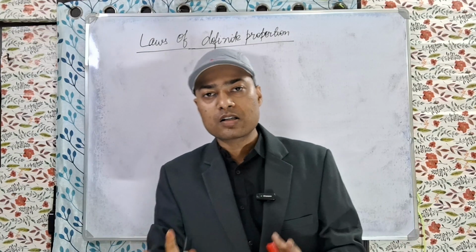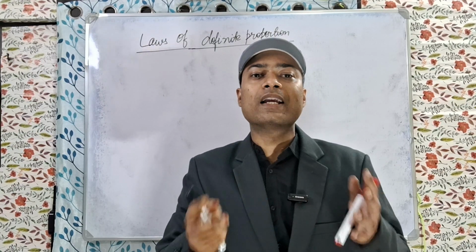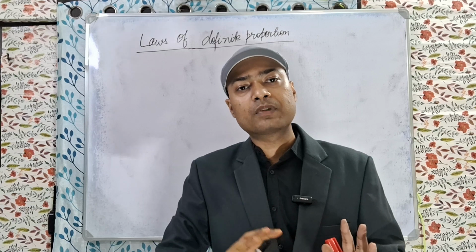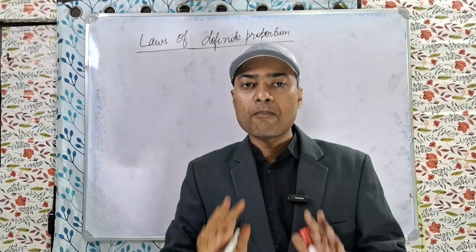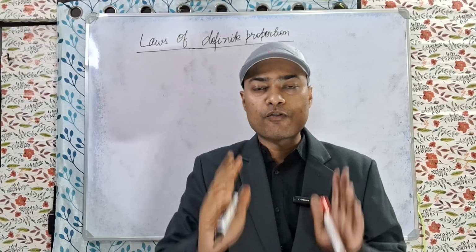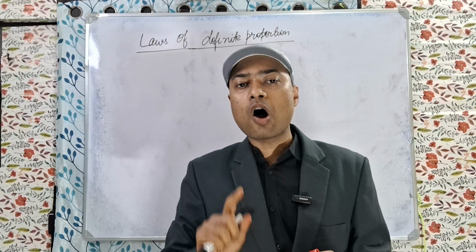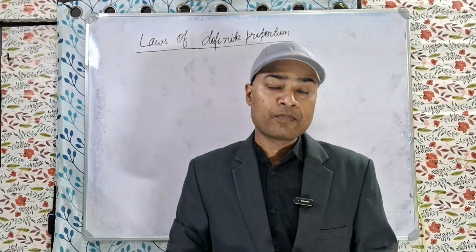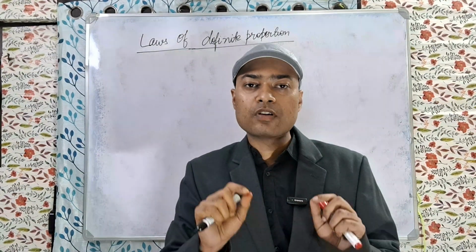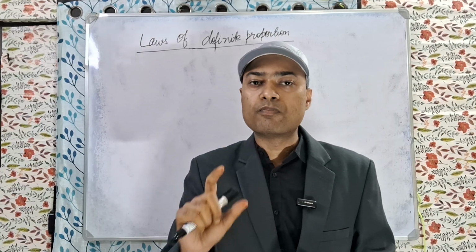Or in other words, irrespective of the source from which you are obtaining a compound, the ratio of mass of the elements present in it will always be the same, always fixed. This is our law of definite proportion. Now this law was given by whom? It was given by Joseph Proust.